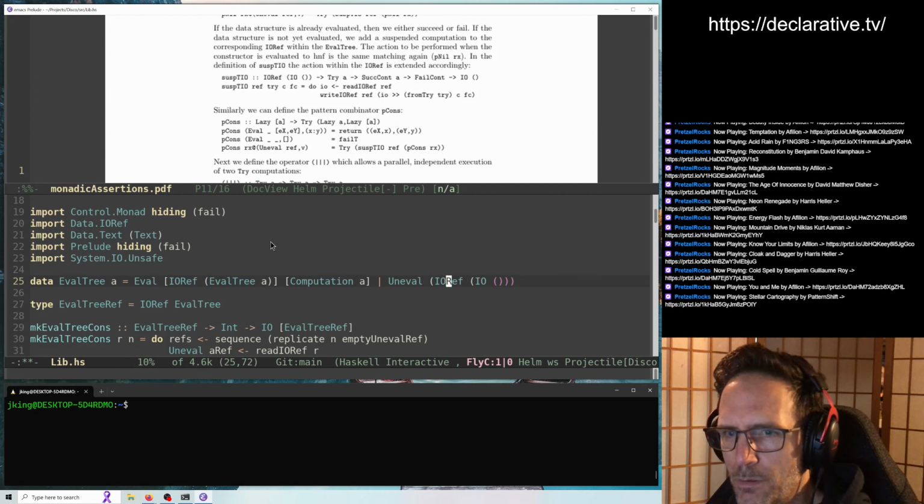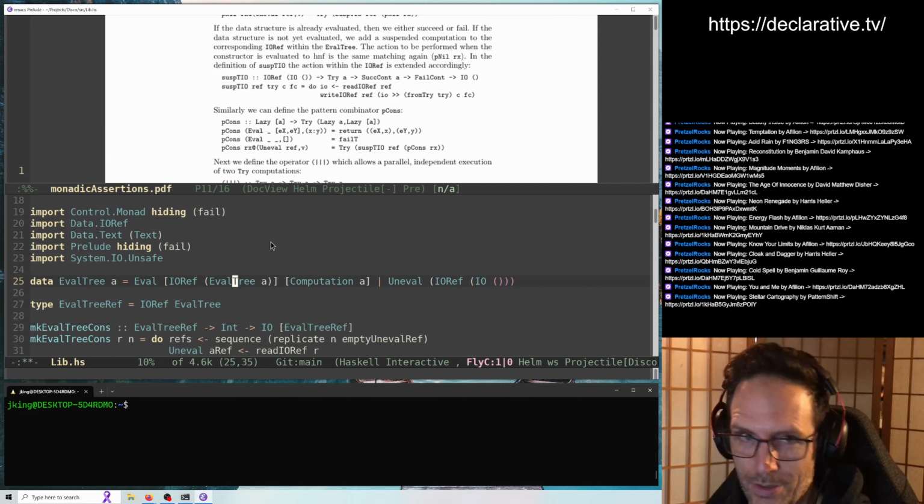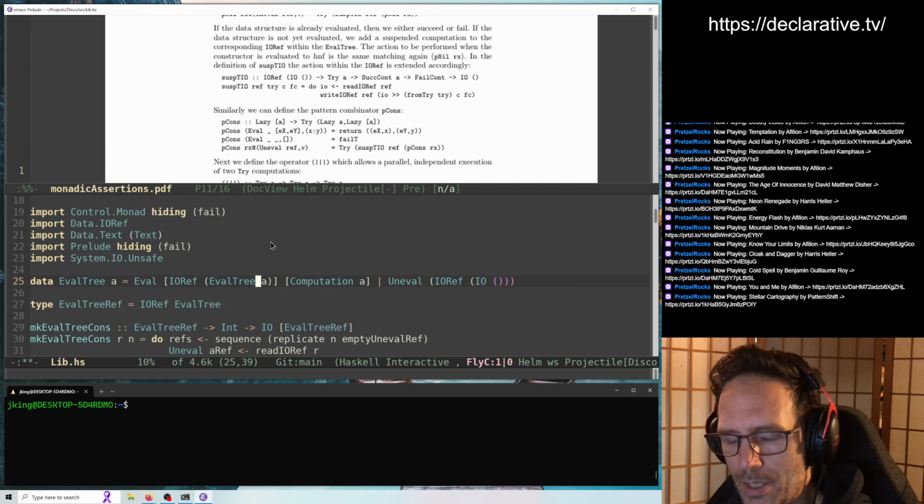Well, unfortunately, it kind of means that these two lists don't really have any relation to each other. This is a list of IO refs of eval trees, this sort of idea of suspended computations that we can evaluate on demand as we need them.